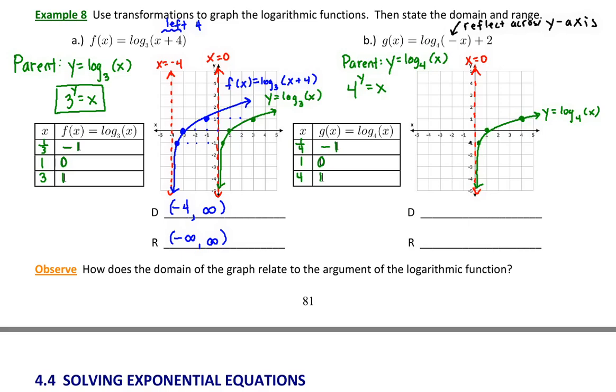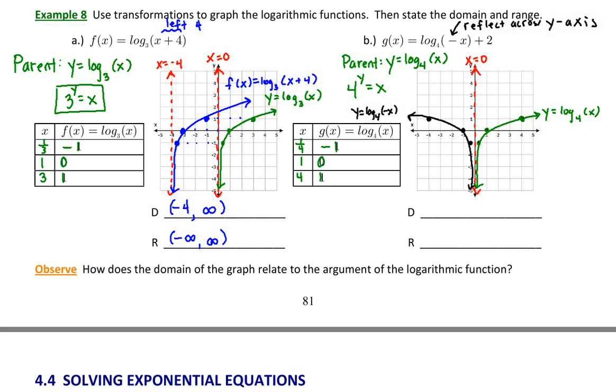So if I take this point and move it the same distance to the left of the y-axis, our x-intercept moves over here to (-1, 0), and our point (4, 1) moves to (-4, 1). Notice all the x values are changing sign there. So this would be the graph of y equals log base 4 of -x.